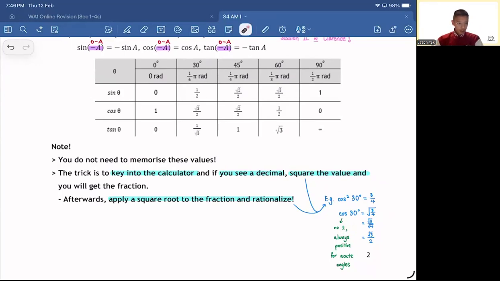Okay, I have a question here. No worries. So Yuva, do me a favor. Make sure your calculator is in degrees. Once your calculator is in degrees, I want you to type in cosine 30 in my example.